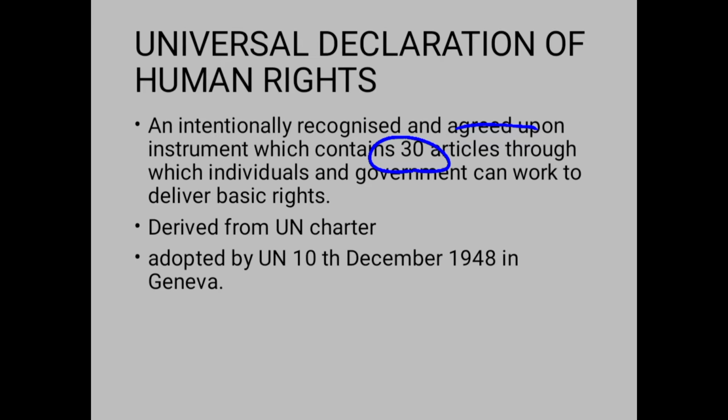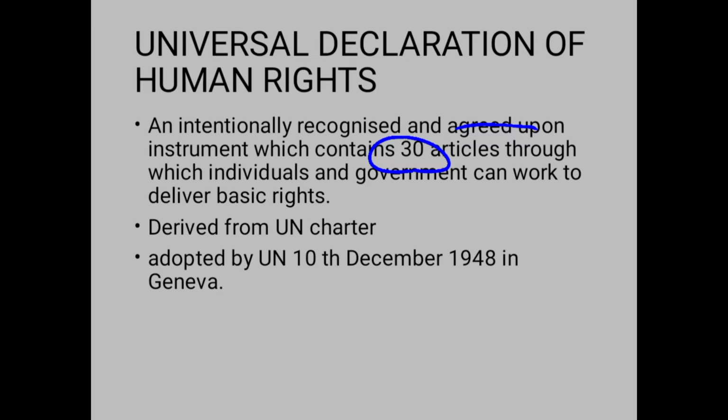It's more like the Zambian Bill of Rights, which has articles from 11 to 32. Even this one, the International Bill of Rights, has the Universal Declaration of Human Rights with 30 articles. You see that you've got work to master the articles. This one has 30 articles ranging from 1 to 30.